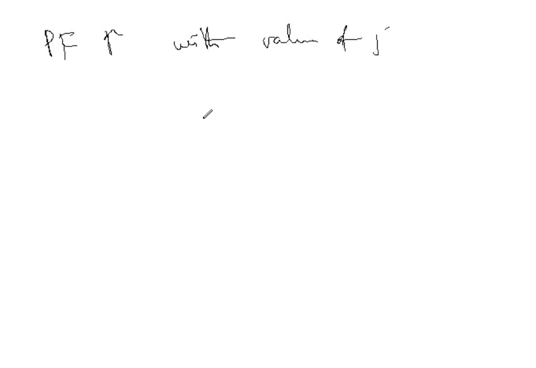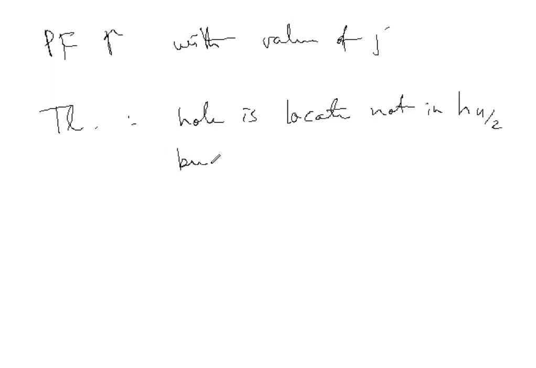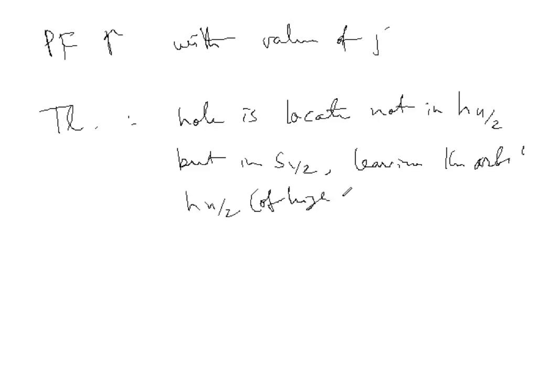Now this happens in our example of thallium. What happens in thallium is that the hole is located not in h11/2 but in s1/2, leaving the orbital h11/2 of high J occupied by a pair of protons.